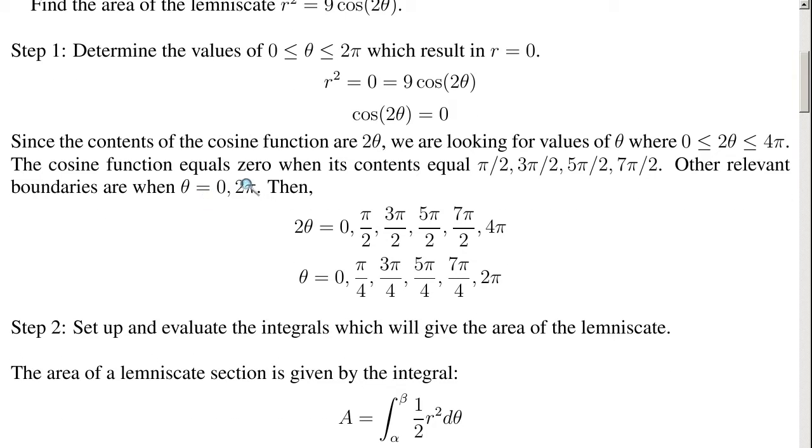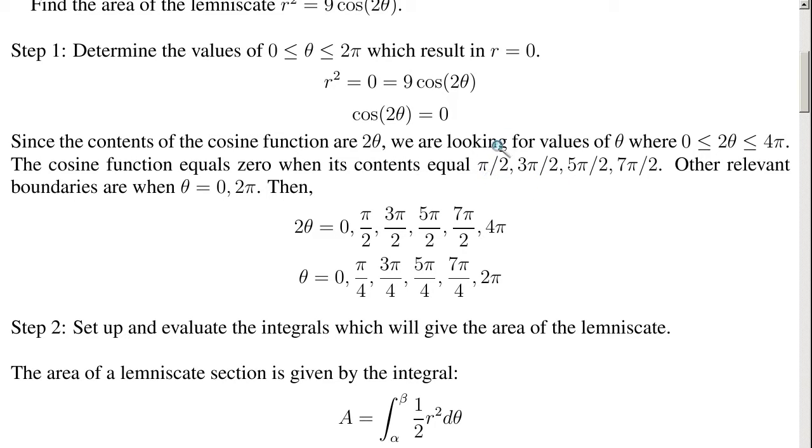The cosine function equals 0 when its contents equal, from the unit circle, once again, we know that the cosine function equals 0 at pi over 2, which is when the arm is sticking straight up in the air, 3 pi over 2 when the arm is sticking downward, 5 pi over 2, which is the same as pi over 2, and 7 pi over 2, which is the same as 3 pi over 2.